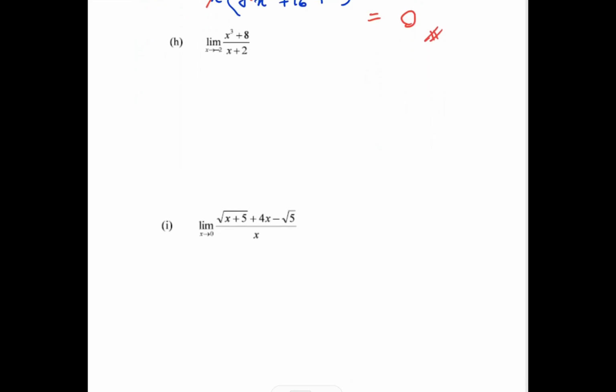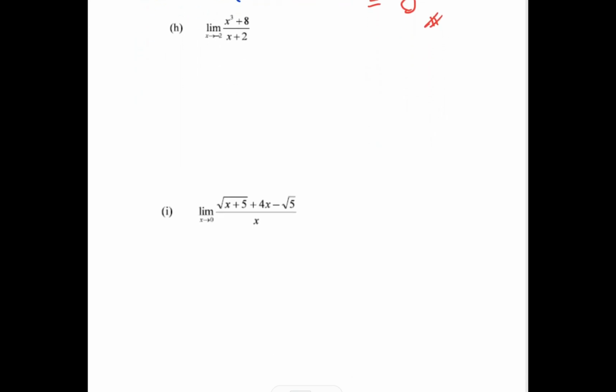Now for question H, also the same thing. For question H, when you substitute directly, you can get 0 divided by 0, but here you must factorize. So this one we can factorize first. Put on one side, factorize using long division, which is x plus 2 into x cubed.